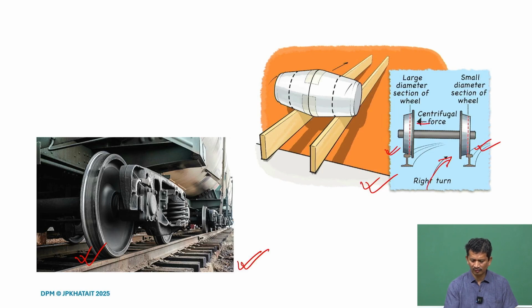There will be centrifugal force here and because of that it slides. What you find is that on the left it is a larger diameter, on the right you have the smaller diameter, and that change in the radius or the diameter will make it steer to the right. Similarly, if it is a left, it will slide to the right and then you have a smaller and a larger radius on the outer side and it can turn to the left. So, very good example of self-help here.